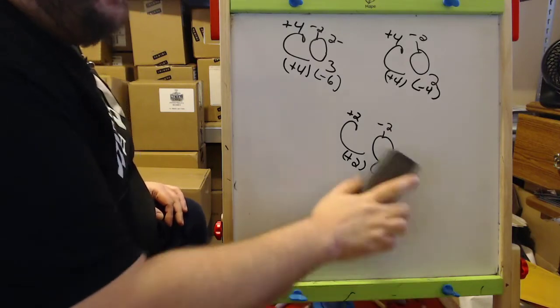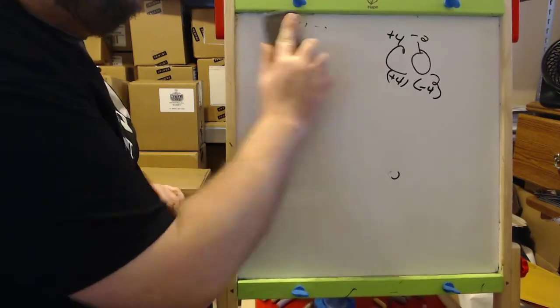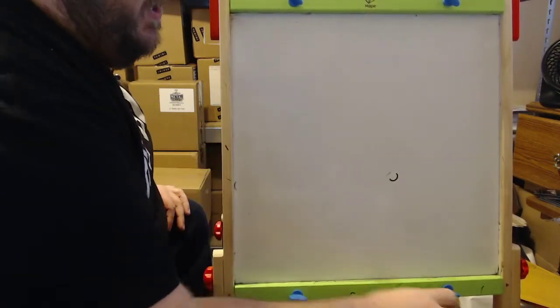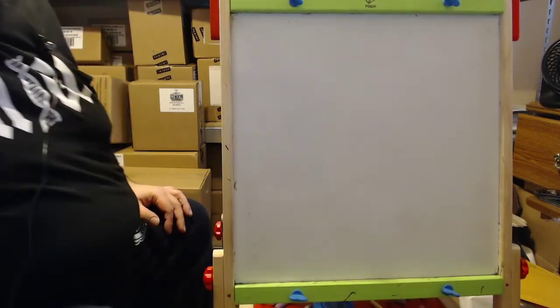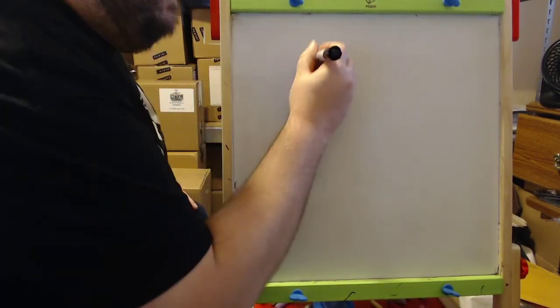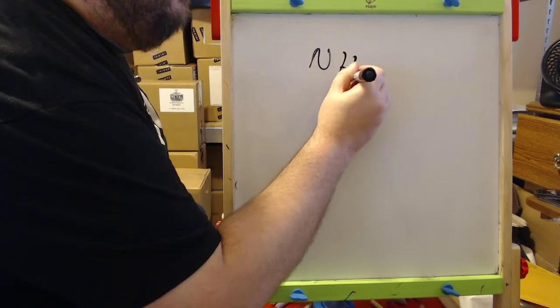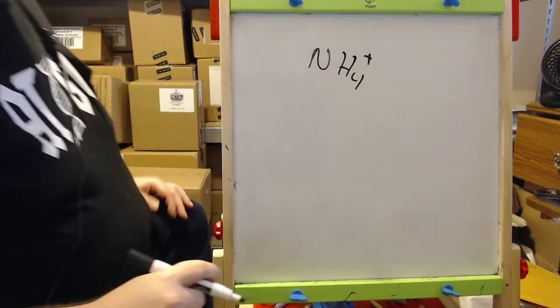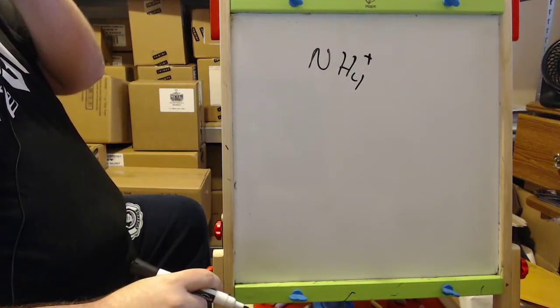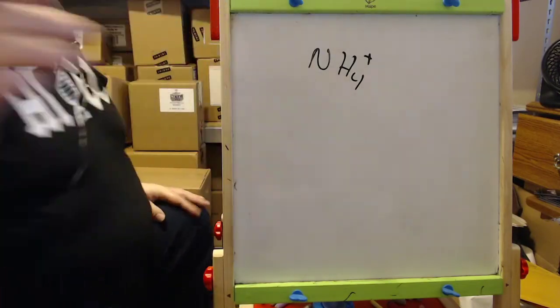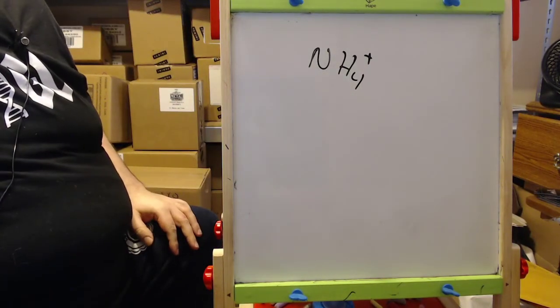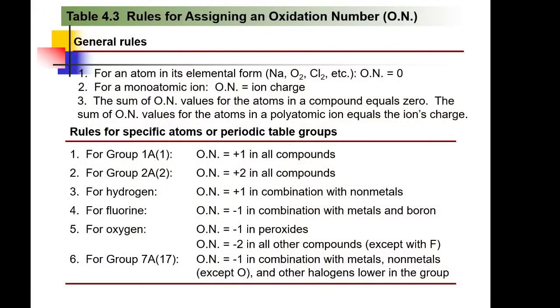Doesn't always have to be oxygen either, guys. We could have something like, let's look at ammonium. Okay, NH4 plus. If you look at your rules on the PowerPoint, hydrogen, number 3, rules for specific atoms.